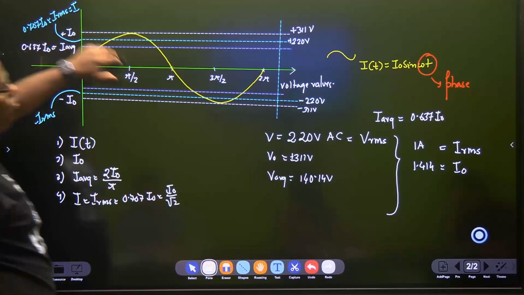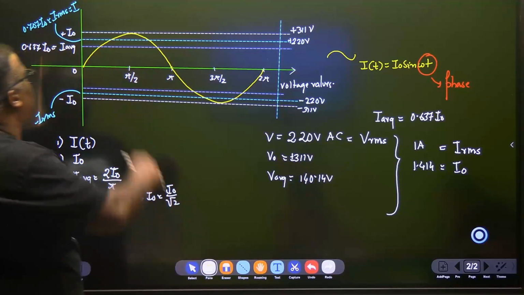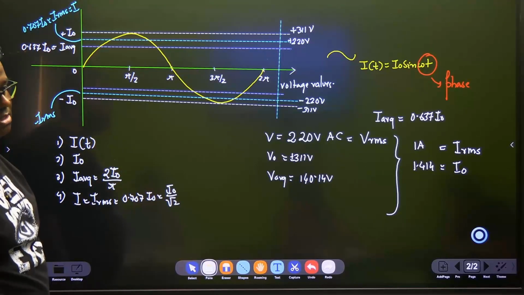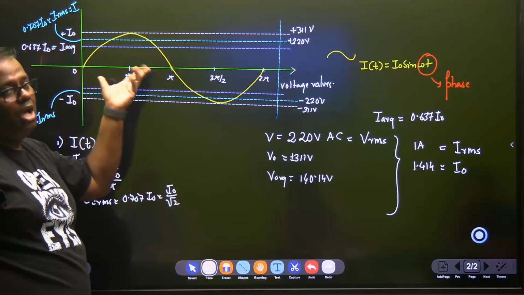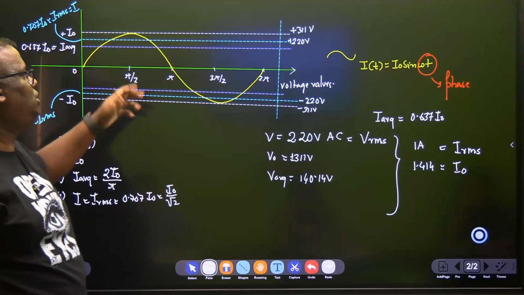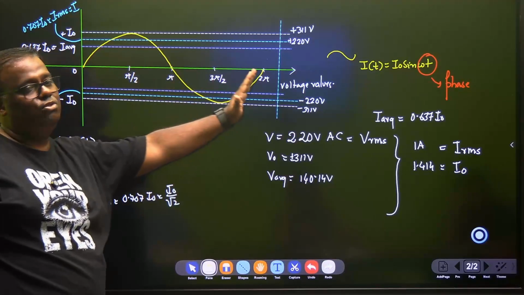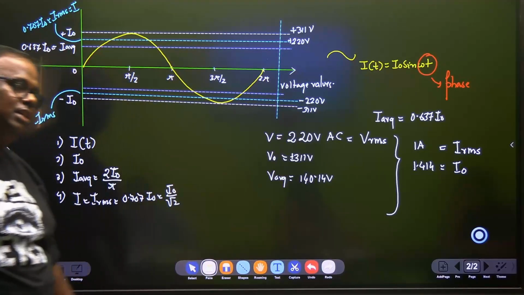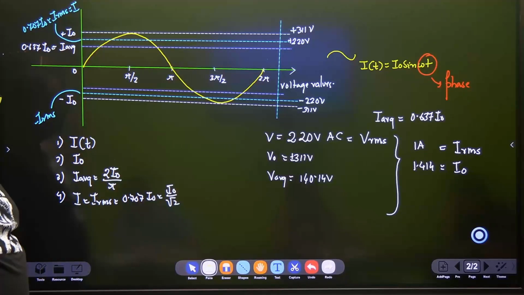The alternating current amount of charge it will push is same as the RMS will push. And average would push over half the cycle. Average pushes half the cycle, RMS pushes throughout the cycle. Okay? Is this understood? Okay.